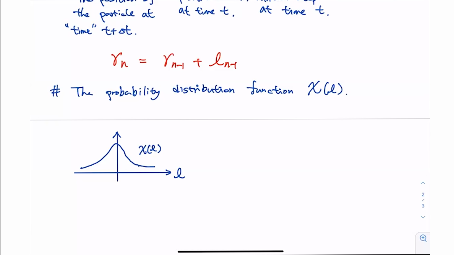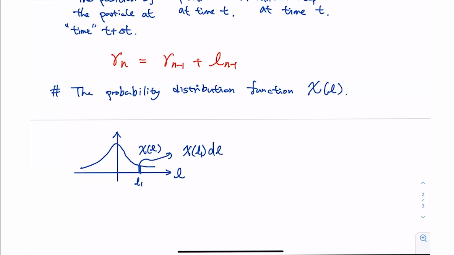For example, if we ask what is the probability to have a step size L1 for this random number, what you need to do is take this probability distribution function chi at L1 and make an infinitesimal integral, dL.